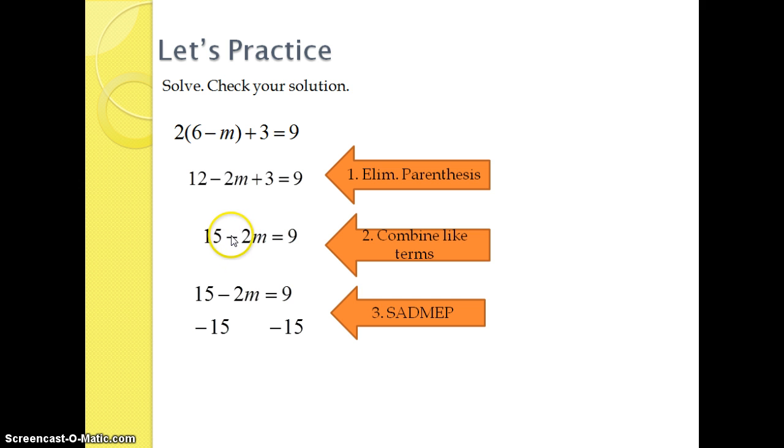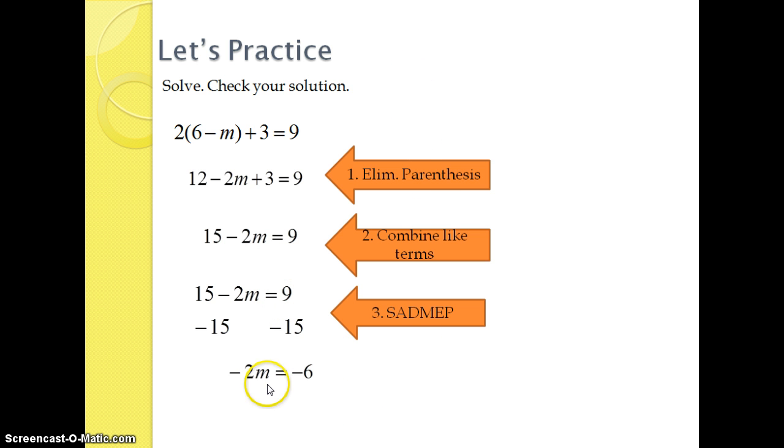This minus sign here goes with the 2. It's a negative 2 times m. That negative does not go with the 15. So I'm going to go ahead and subtract this 15 to the other side. 15 minus 15 gives me 0. I'm left with negative 2m equals 9 minus 15 is negative 6.